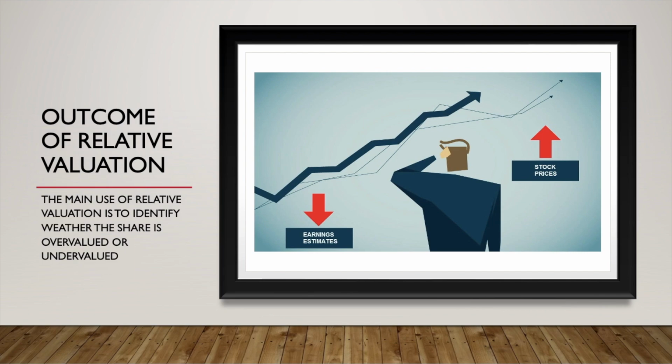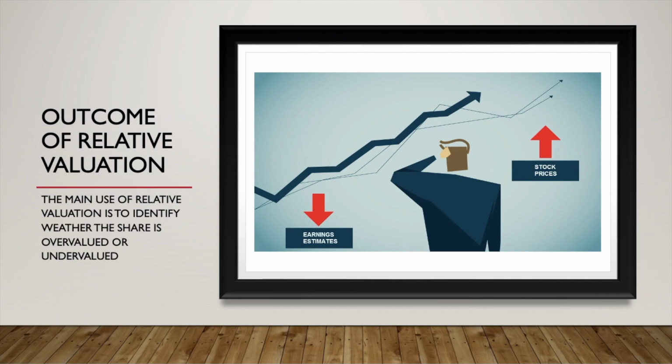This is all up to you, not my opinion, whether to buy or sell the share, but you can analyze if the share is undervalued or overvalued using this relative valuation method. And this is my purpose in making this video and giving you the lecture.